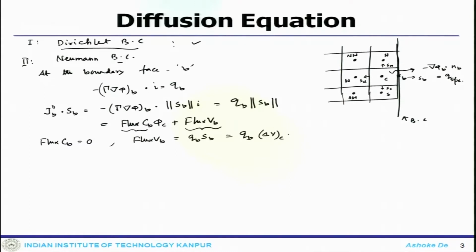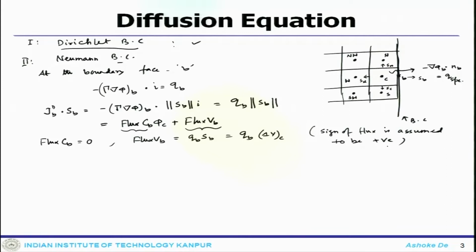Now, one thing you can note here, the sign of the flux component, the sign of flux is assumed to be positive. That is why it has been considered pointing outward.